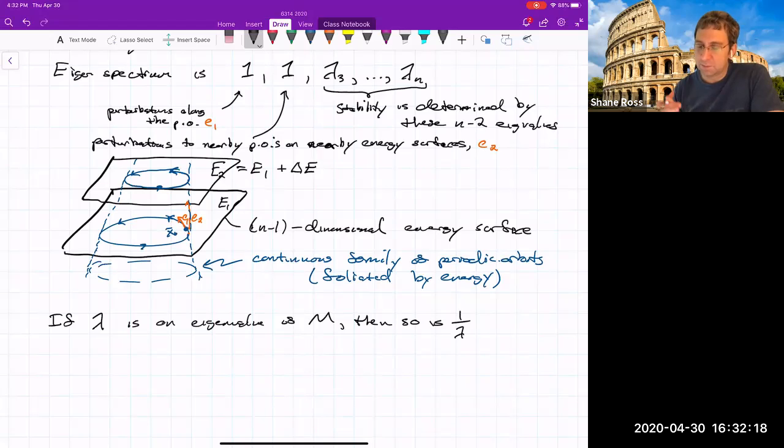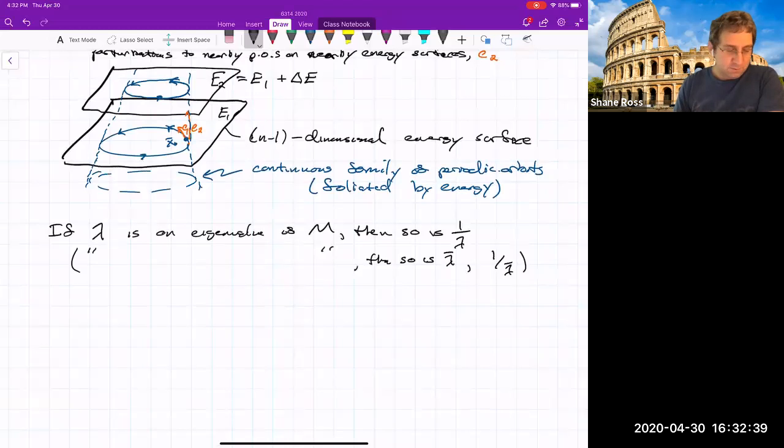That's what we get from M being a symplectic matrix. We already knew, since M is real, that if lambda is an eigenvalue of M, then so is lambda conjugate. But now we get this extra thing that, well, so is 1 over lambda conjugate.